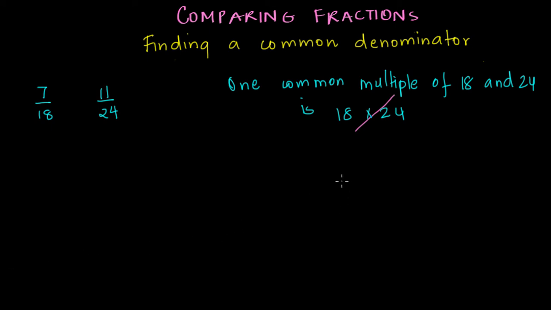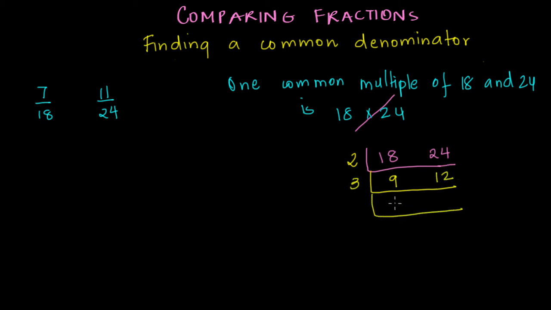Instead of that, I'm going to figure out the LCM, or the least common multiple, of 18 and 24. And the way I do it is, I'm going to set it up this way, 18 and 24. I'll keep factoring out factors that are common to both 18 and 24. So I know 2 is common to 18 and 24. And if I factor that out, I'm left with 9 and 12. I know 3 is common to 9 and 12. And if I factor that out, I'm left with 3 and 4.